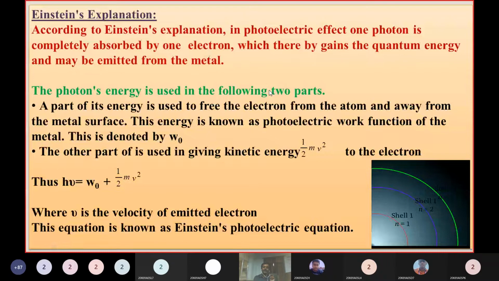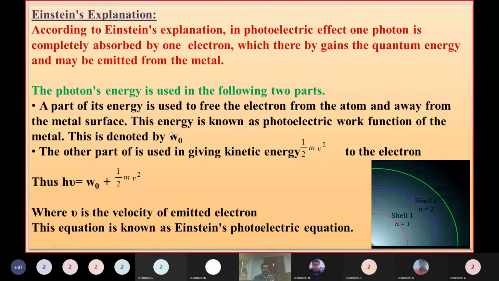Here, that photon energy is used in two parts. What are those two parts? Some part of the photon energy is absorbed by the electron, and that is useful to eject the electron from the metal surface.